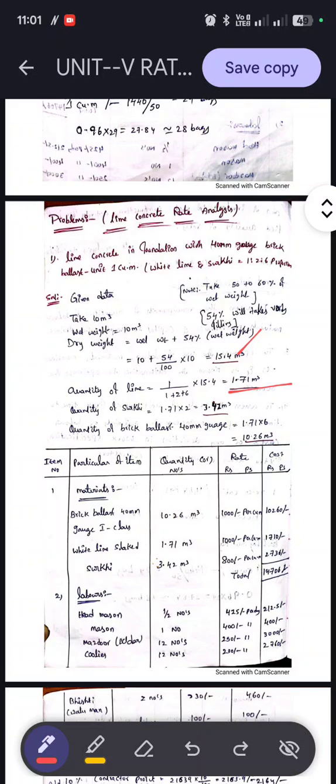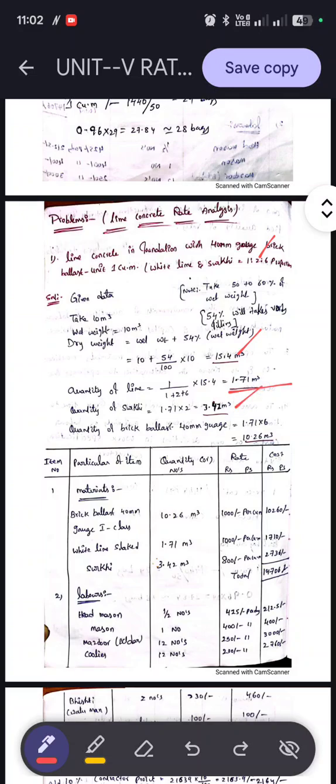Next, the quantity of suriki. In this question the proportion is 1 is to 2 is to 6, so the lime 1.71 into 2, and now the value is 3.42 cubic meters.